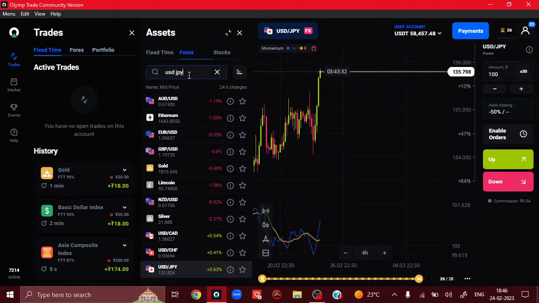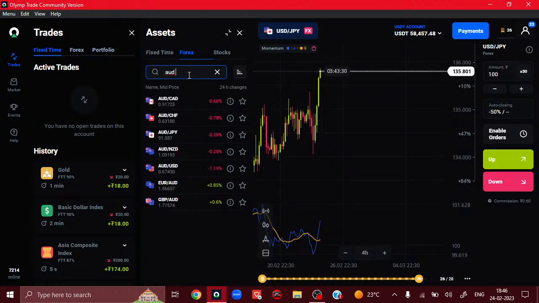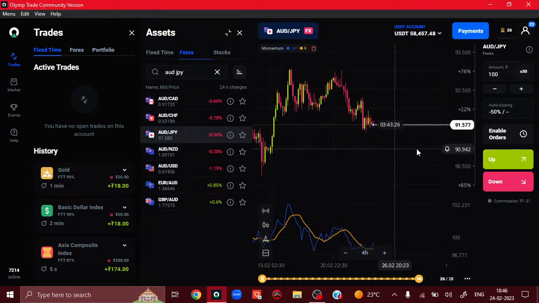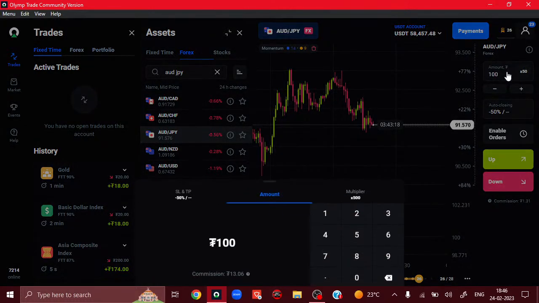Then in AUD JPY, potential break of the 92 level can lead to further downfall here, and the level has already broken, so we can enter into a downside trade here.